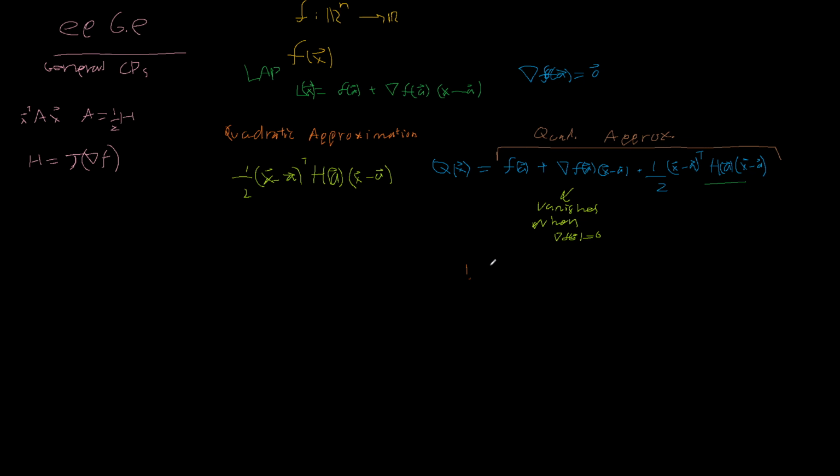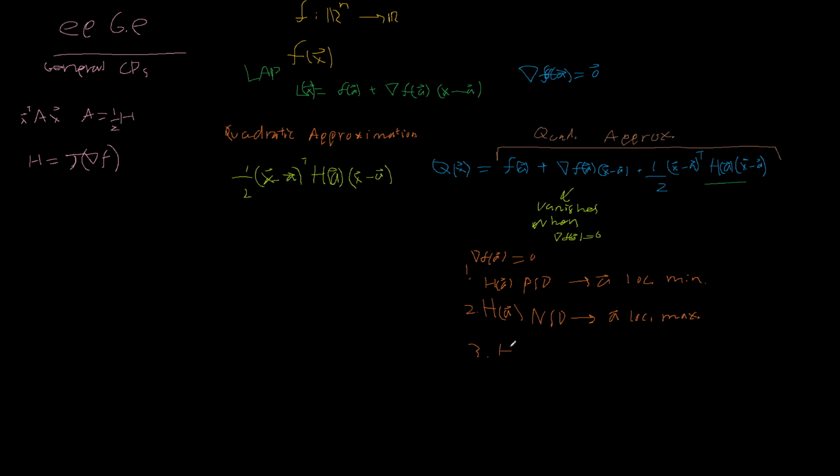If we have a critical point a: 1, if the Hessian is positive semi-definite, then a is a local min. 2, if the Hessian at a is negative semi-definite, then a is a local maximum.